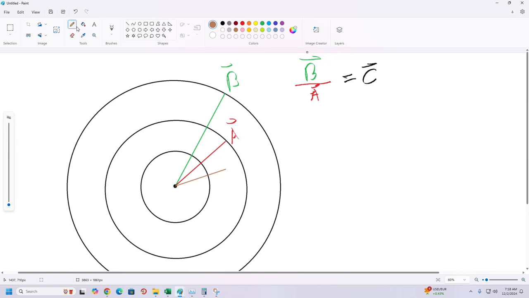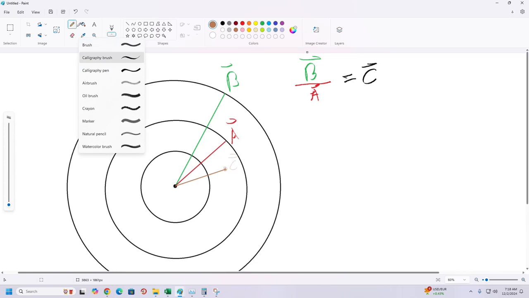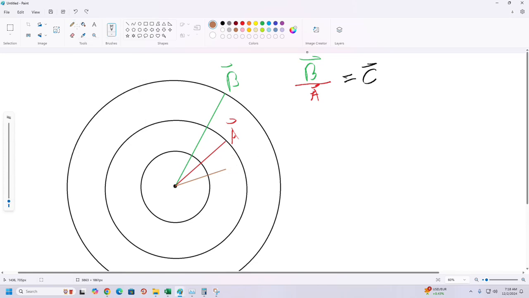So here's C. And this, we're going to call this A prime, which is equal to 1. A prime is A over A, which is 1 plus 0i.